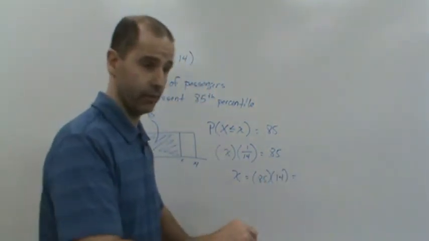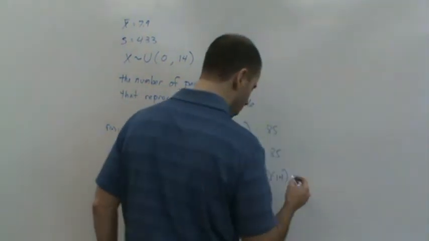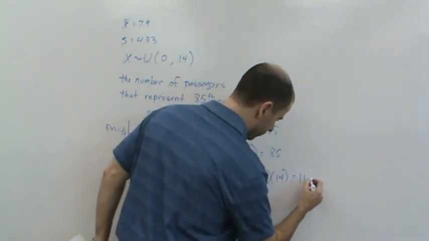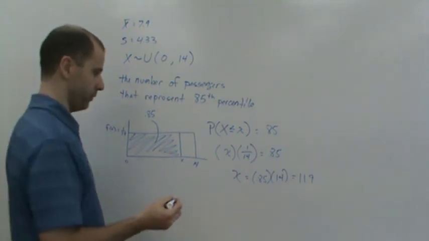And what do I get? Well, just multiply. 0.85 times 14, 11.9. So, in other words, approximately 12 passengers.